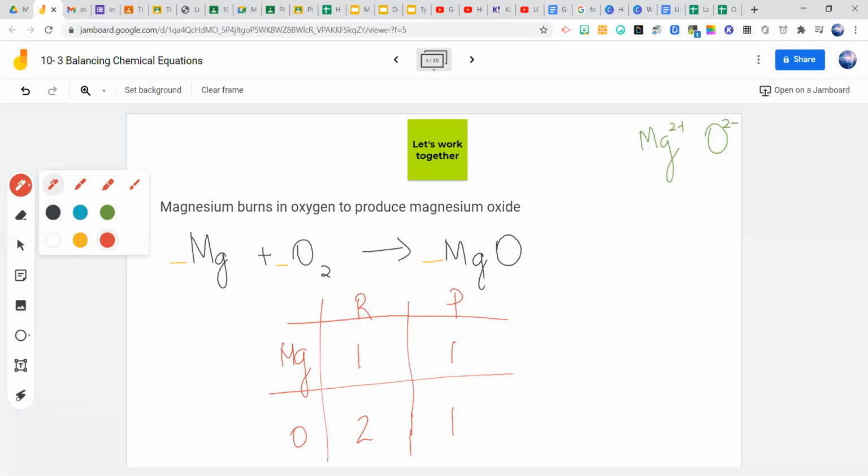Do I need to balance my reactant side, which is this side, or my product side? It's the reactant. All right, so the reactant is over here. I have 2 on the reactant side, and the product is on this side, which is 1. Which one do I need to balance off? Look on it.